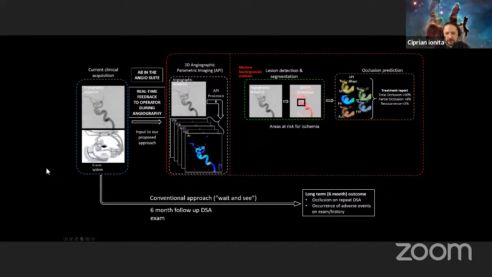So what we want to do is shown in here. I showed this picture with the bottom part where we're deciding ischemia. In here, we actually want to do real treatment. And today I'm going to go through this upper branch. Normally you treat, you wait 6 months, and you see if the aneurysm occluded or not, and then you decide again whether to retreat.